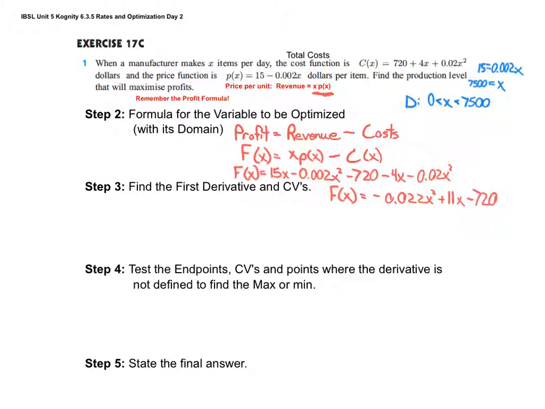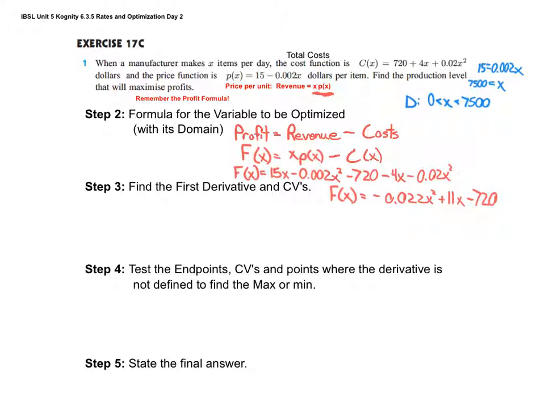So our parabola is going to look like this, a parabola opening downward, so the only critical point we should get will be at the vertex. The endpoints will be lower, of course, because the vertex is the maximum.